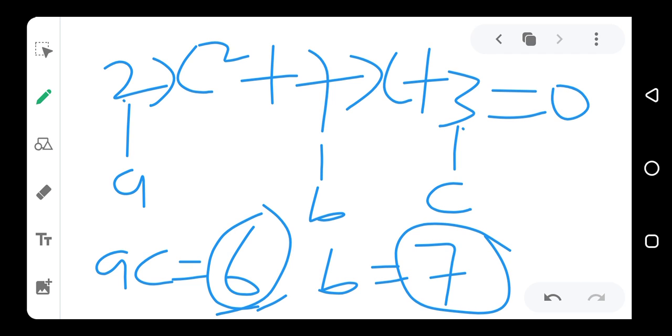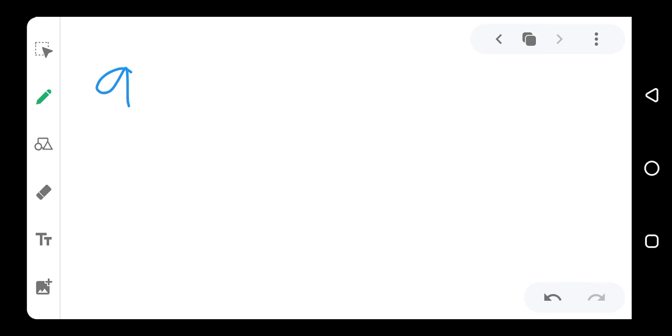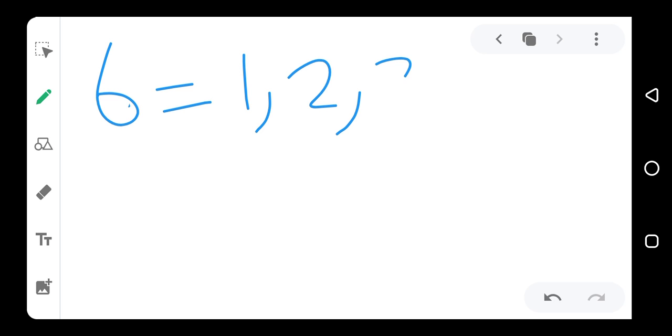For us to do that, we start by listing the factors of 6. What are the factors of 6? What are the things that can divide 6 without remainder? The factors of 6 are 1 can divide 6, 2 can divide 6, 3 can divide 6, and 6 can divide 6.